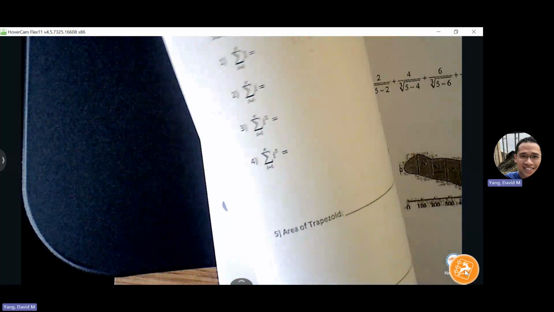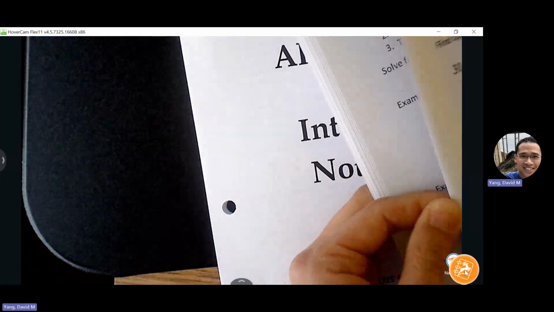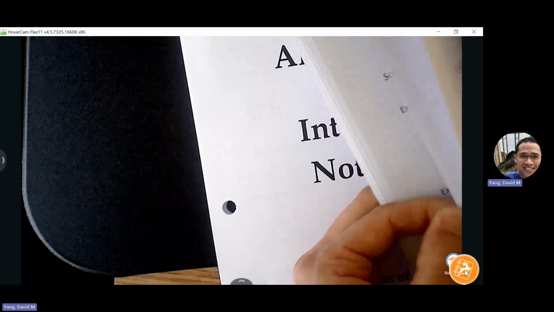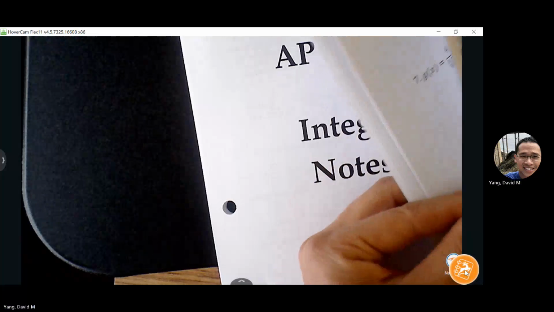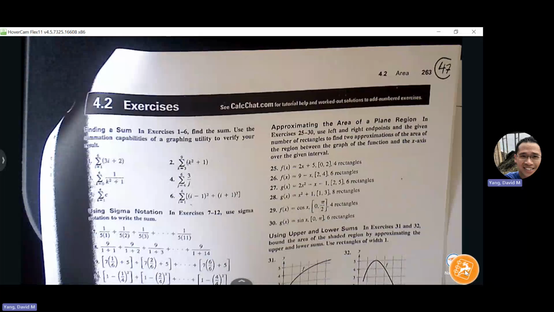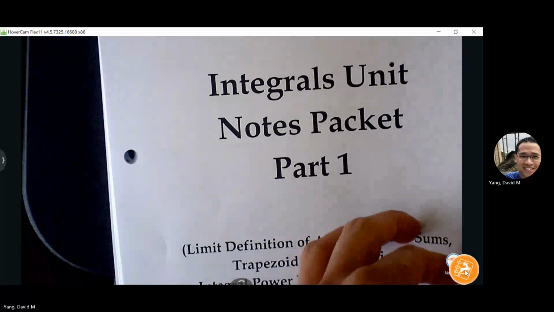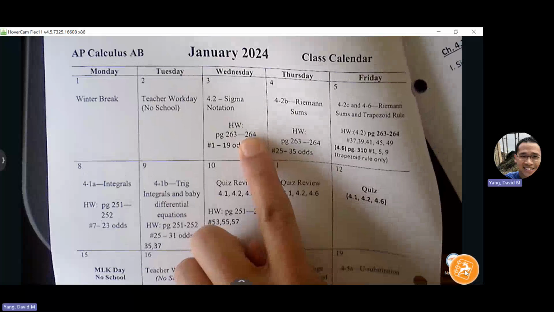We're going to go through these pages of notes over the course of this week and next week, and your homework assignments are all going to be contained near the back. Starting on page 47, we're going to first start off with 4.2, then we'll go back to 4.1, and all your homework assignments are going to be detailed on your calendar.